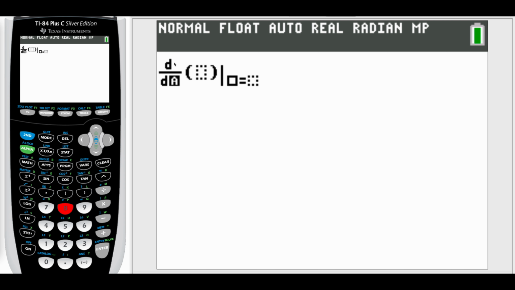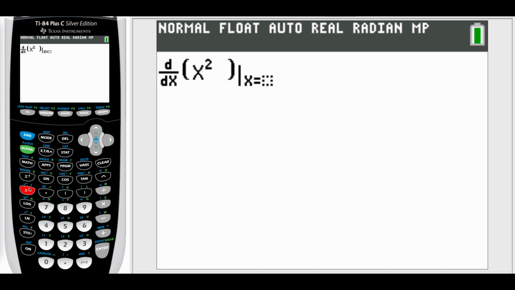Say you're trying to find the derivative with respect to x. This first part is the derivative operator. It says d over d, and then there's a blank. We're doing it with respect to x, so I'm going to put an x there. And we want the derivative with respect to x of x squared, so I'll write x squared in here. The derivative of x squared is 2x, which, if you haven't gone through that yet, you'll want to make sure you understand the power rule.